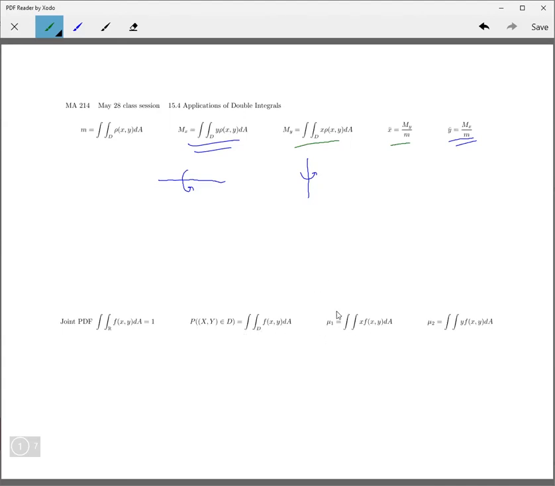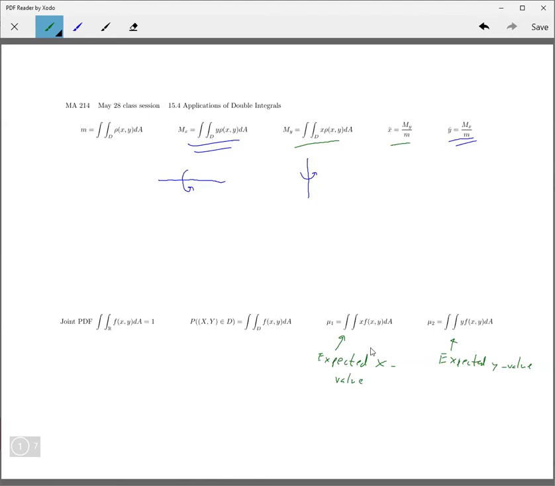And this right here is the expected x value. And this right here is the expected y value. Okay, what that means is it's another word for the mean, the mean x value, although this is from a population distribution, not a sample distribution.